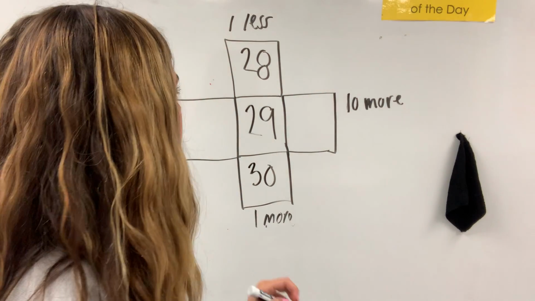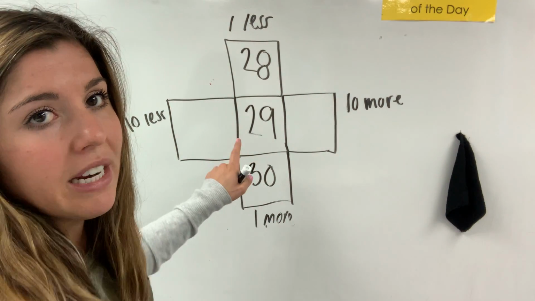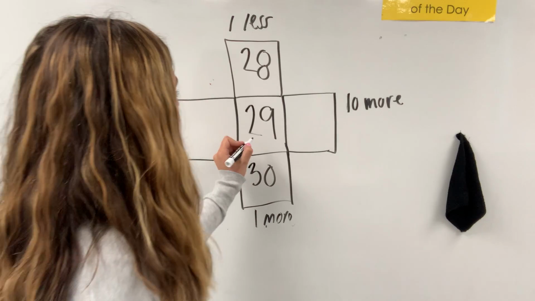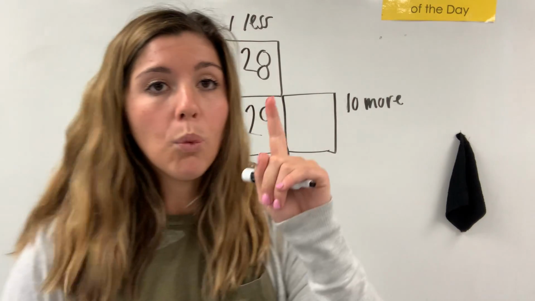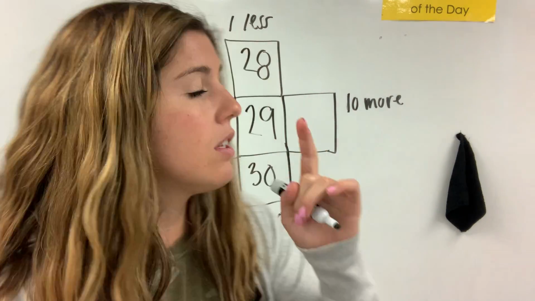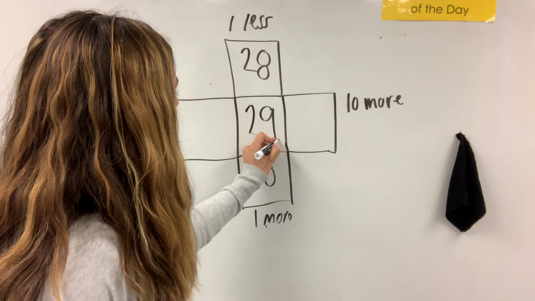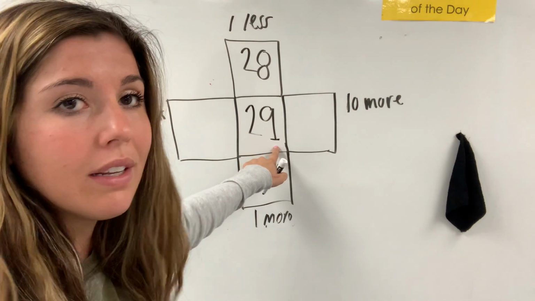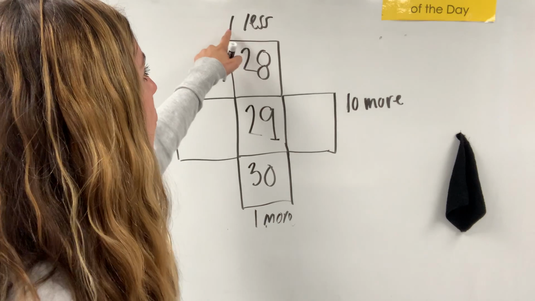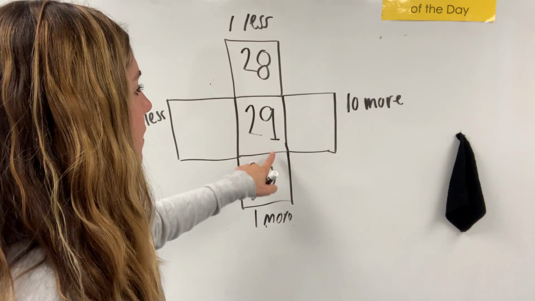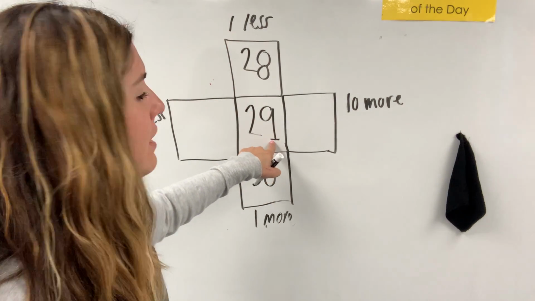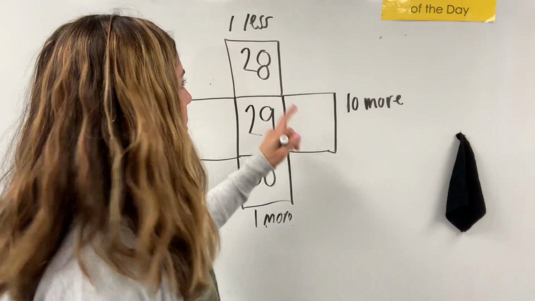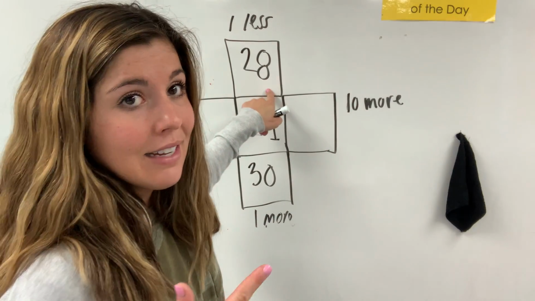For one more, one less, if we want to look at the number 29, we're only using the ones place, which is right here. We have learned our ones and our tens place. The ones place is going to go up by one number, so it turned into an 8.